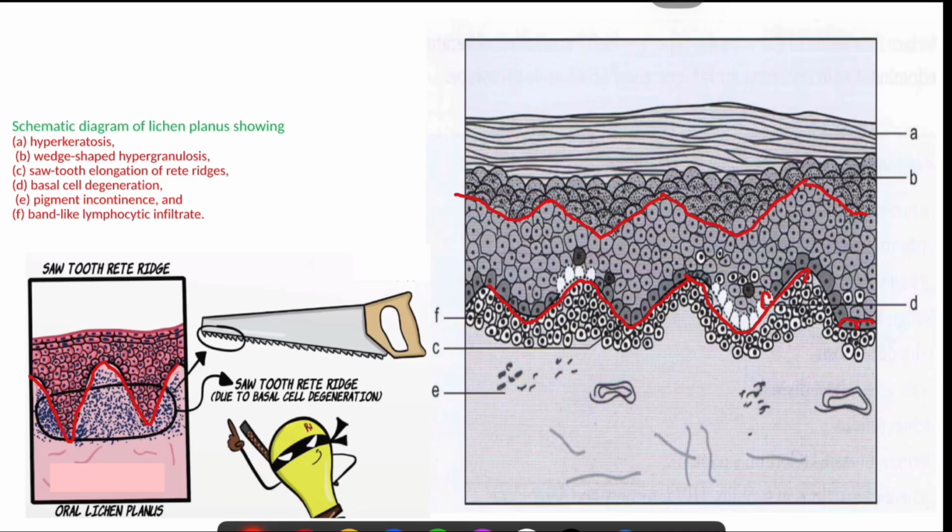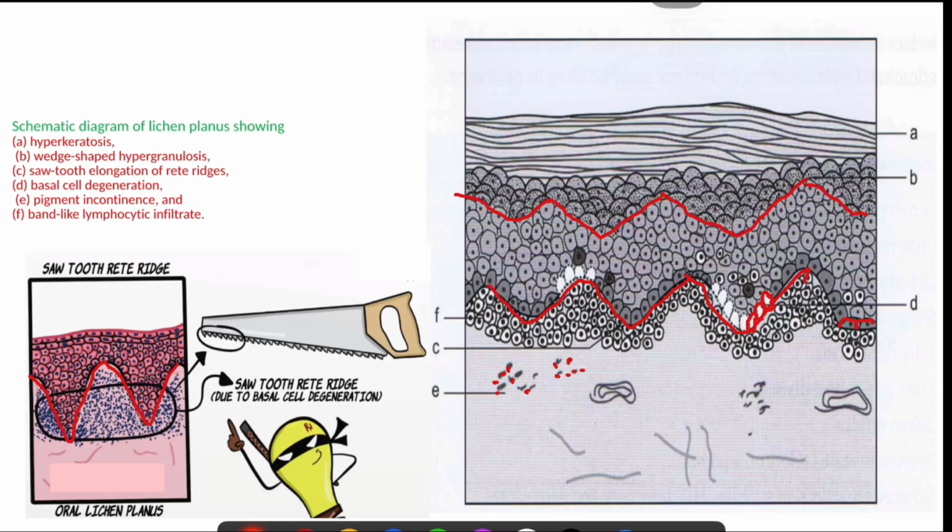And here you can identify vacuolar degeneration of the basal cells. So this is called basal cell degeneration. And fifth is pigment incontinence. Here the melanocytes are there and you can identify some of the melanin pigment in the upper dermis. So this is called pigment incontinence.